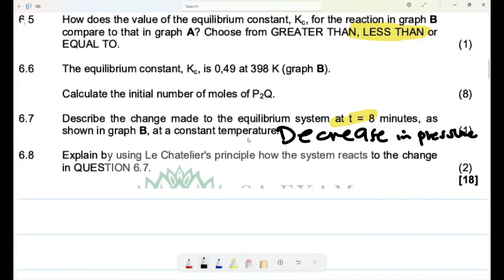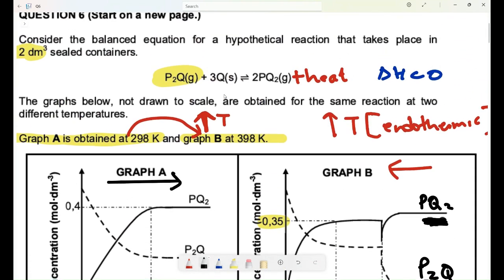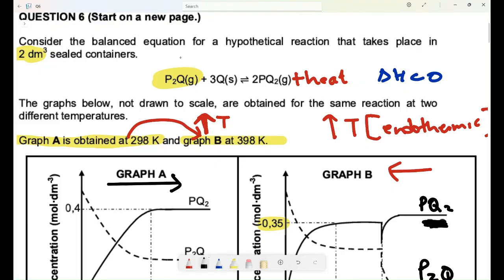If we have a decrease in pressure, the system will try to favor the reaction that forms more moles, that increases the number of moles. Can you see the number of moles here? It is 1 plus 3, which is 4, whereas here we have 2. So the system will want to go to that side.